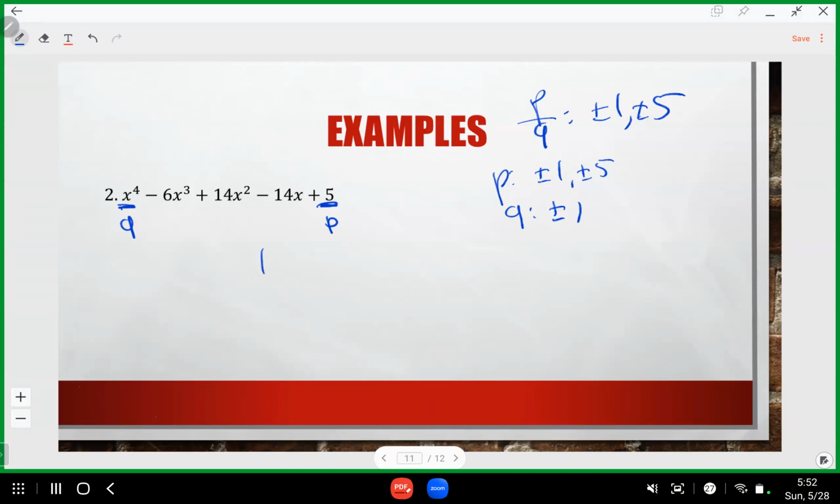So positive 1, we do the synthetic division for that one. Okay. So let me just set it up. How do we do this? You drop the 1 down, so that'd be 1.